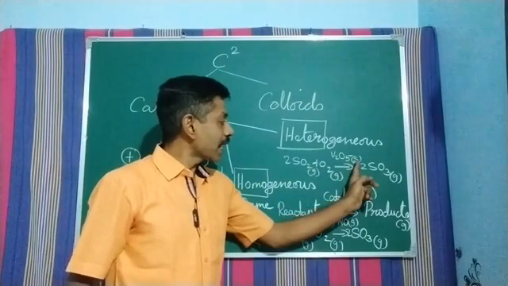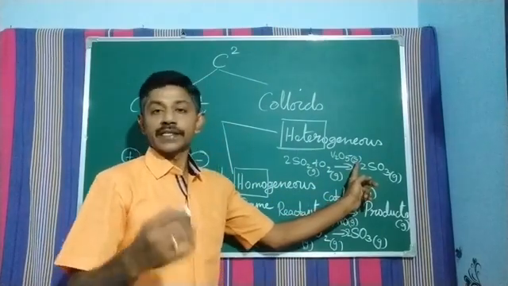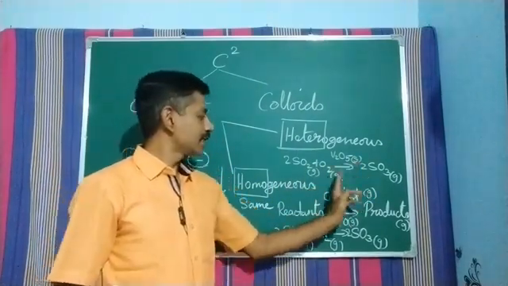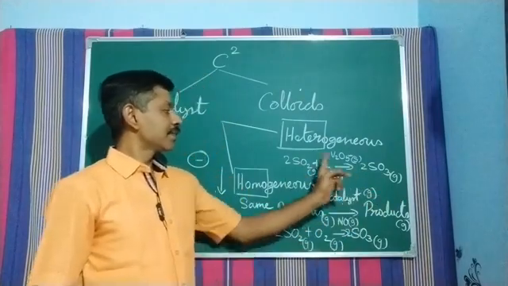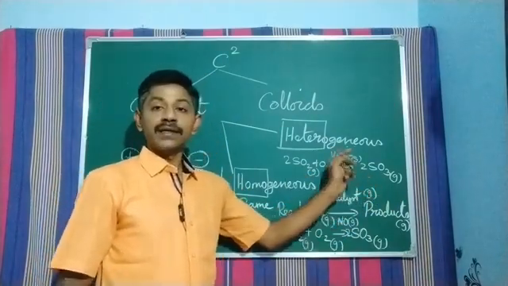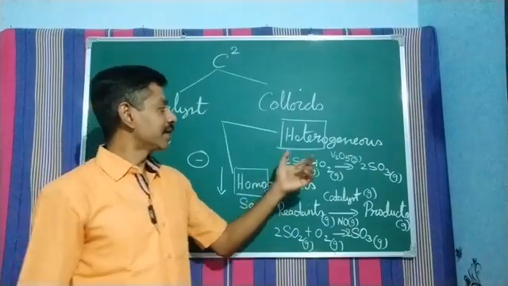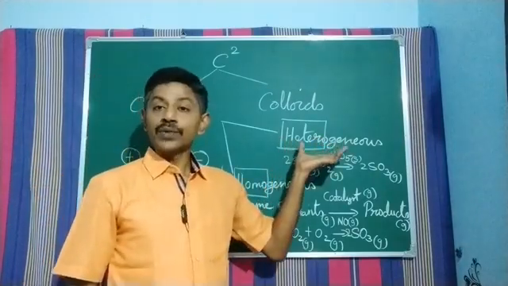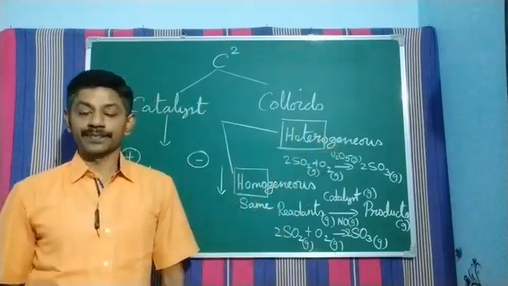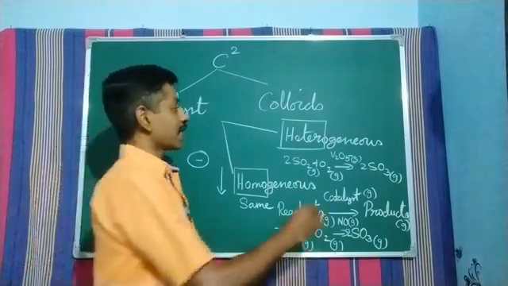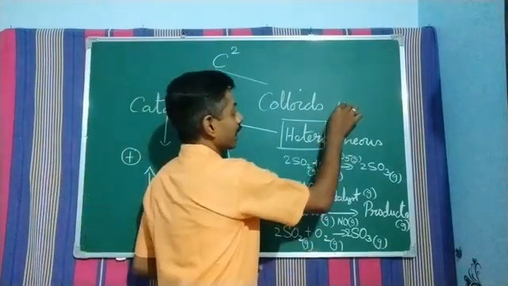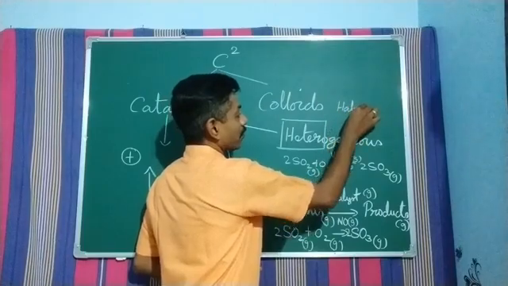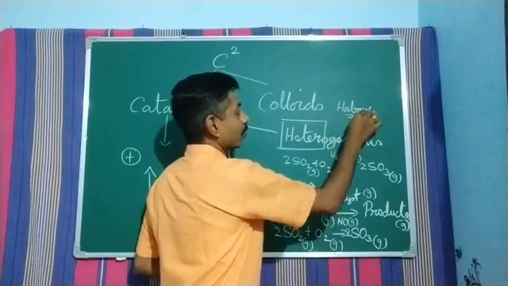The catalyst added alone is in a different phase. All these three are in the same phase, but the catalyst added is in a different phase. Then we talk about a heterogeneous catalysis reaction. You can quote so many examples. Even you can go for Haber's process of manufacturing ammonia.